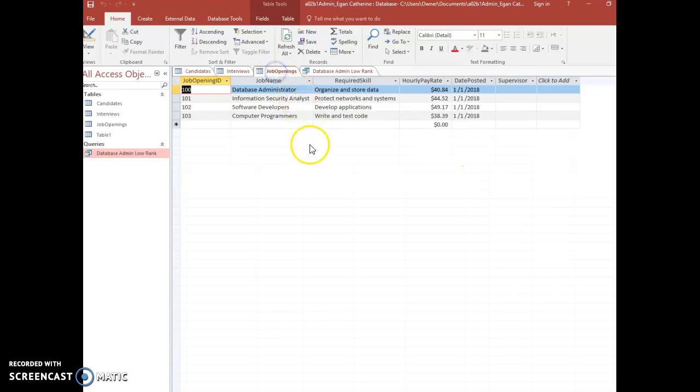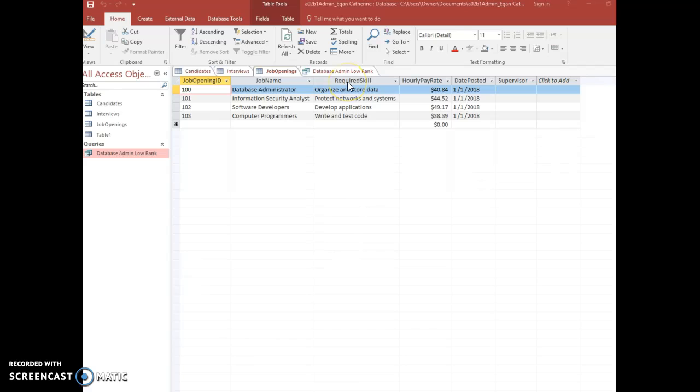For the job openings, we had to go out to a website and look up certain job opening required skills and hourly pay rates at the website that was given to us to do the research, and we were asked to select 4 job categories and put those in the column headers for the job name.